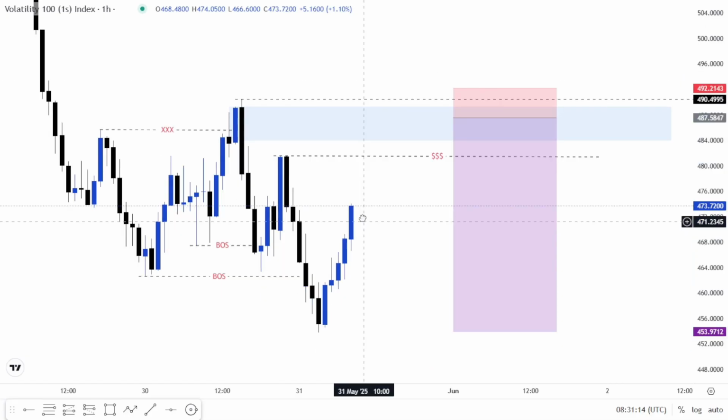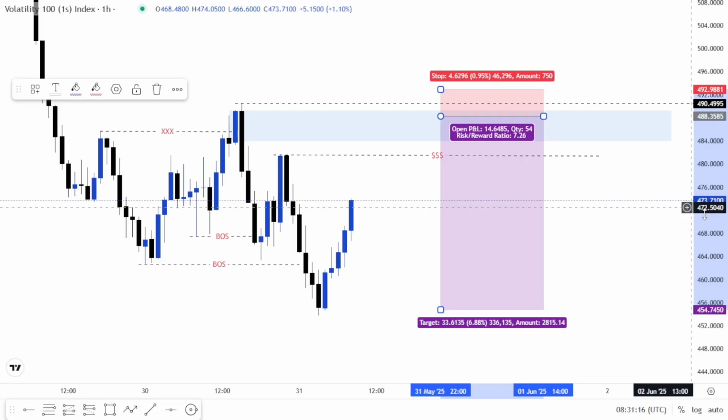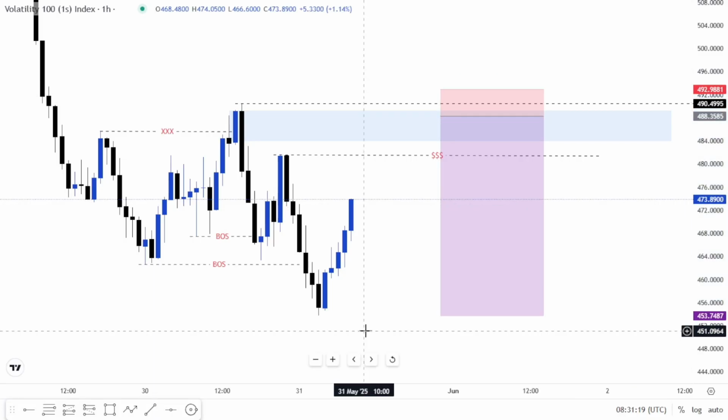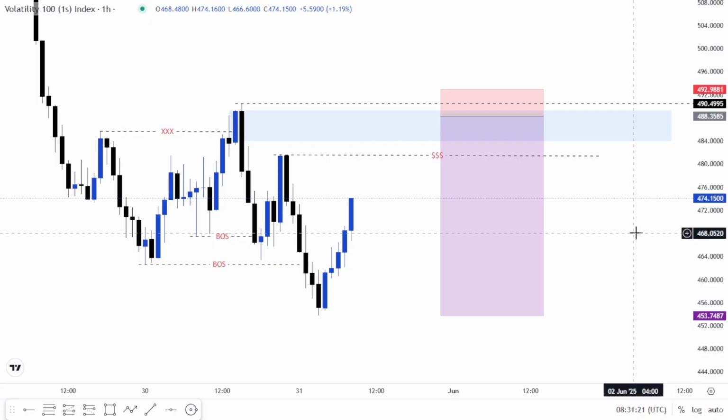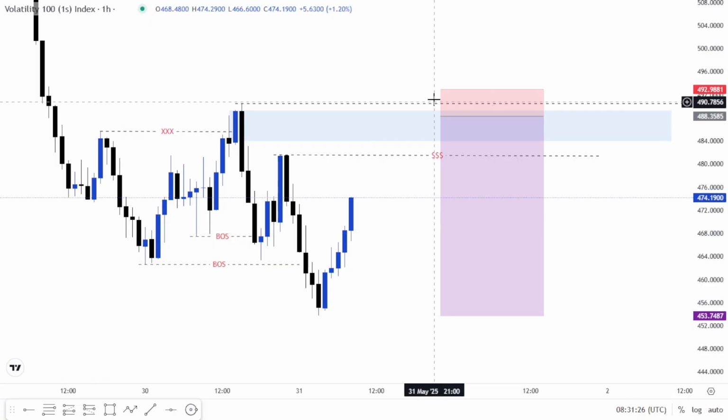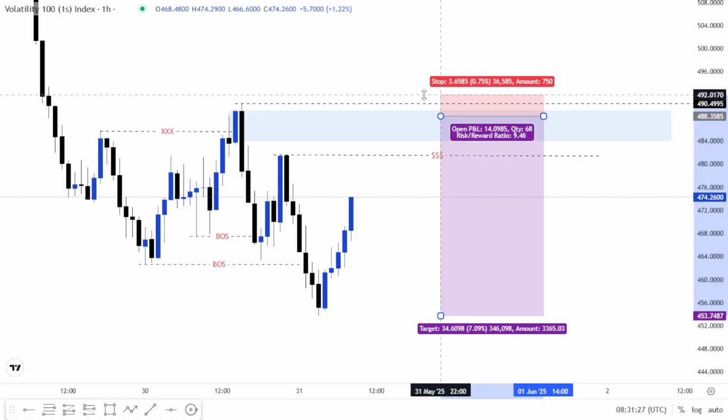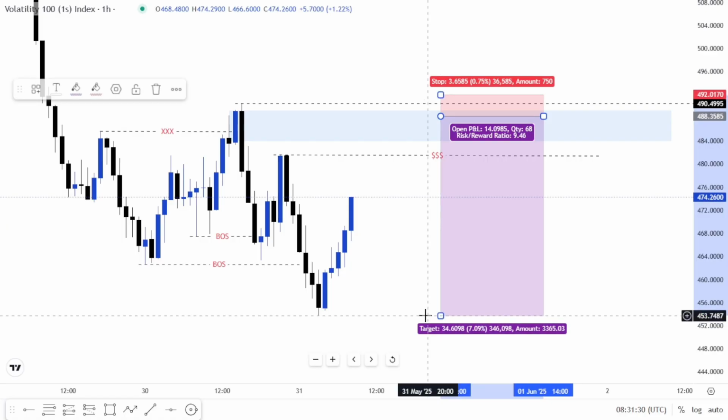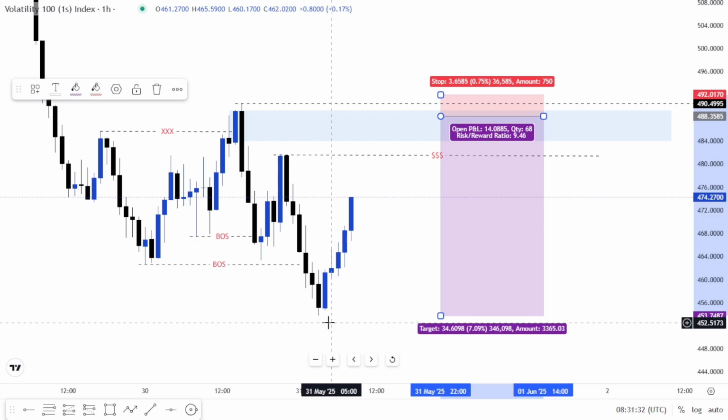Remember, that is not trading advice, guys. But you can do with it as you please. This is a very high probability trading setup, and everything aligns. This can give you a 1:10, 1:20, depending on how well you execute your trade.